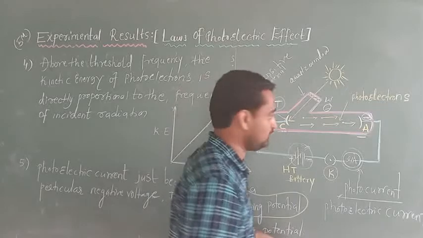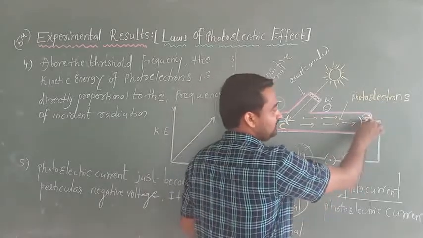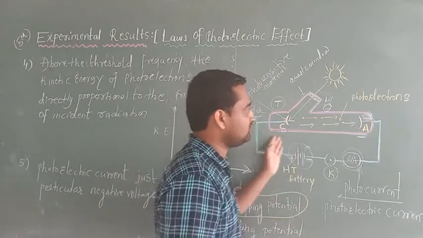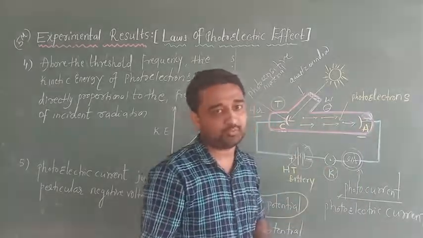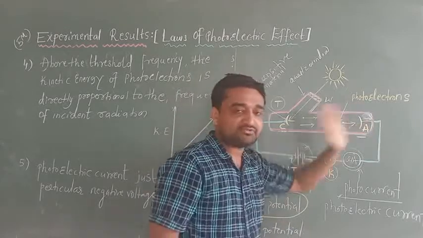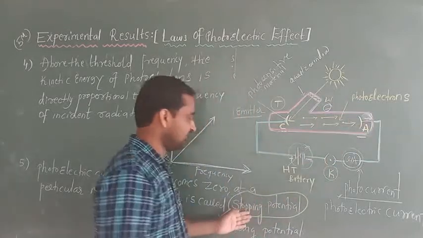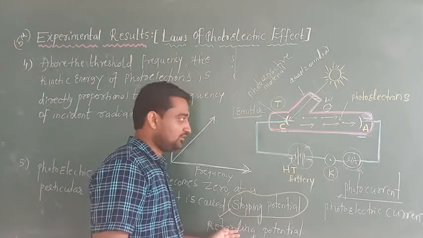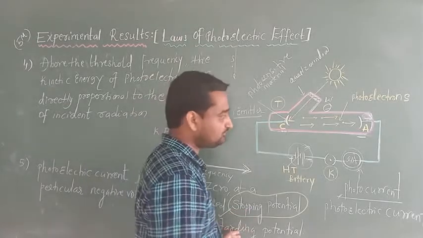Stopping potential. Initially we made the anode positive. When we make it negative, the electrons' reach to the anode stops at a particular potential. What do we call that potential? The stopping potential, or it is called as what? The retarding potential.